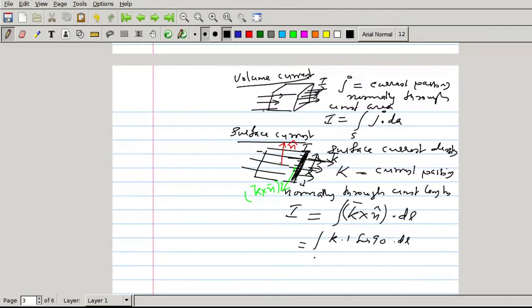So sine 90 is 1, and we have the integral of K dl. If K is constant along this length, I can take K common, so K integral dl, which is K into L.